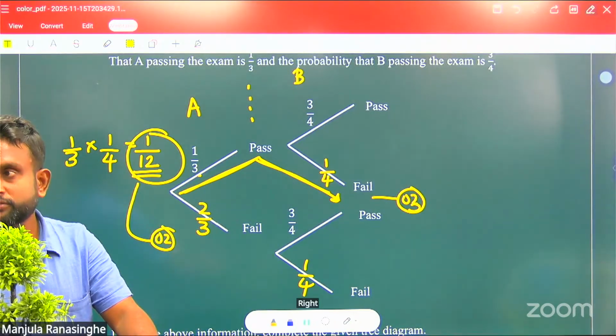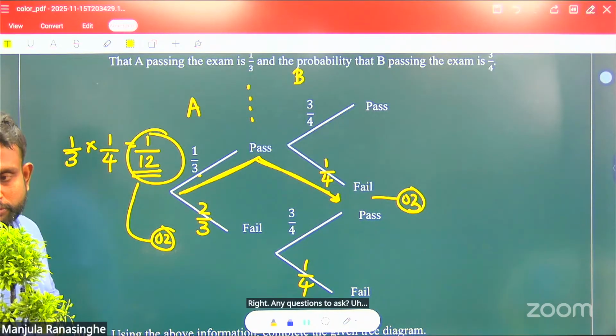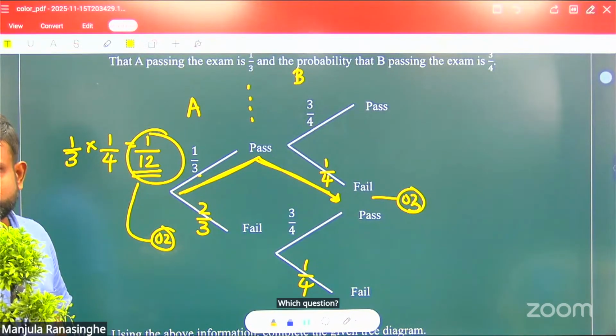Right. Any questions to ask? Which question do you require? The third one, sir, the fraction question. Which question? In the fractions, the first question, the third one.